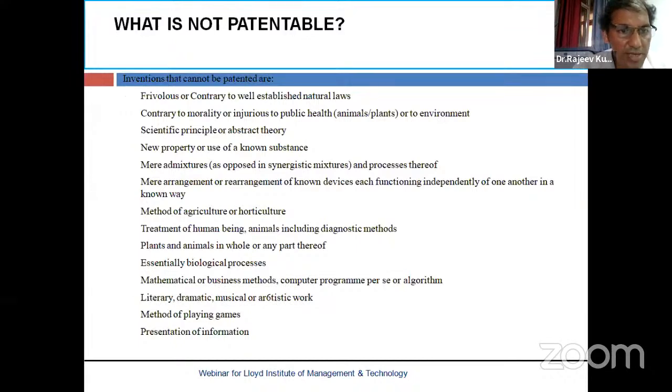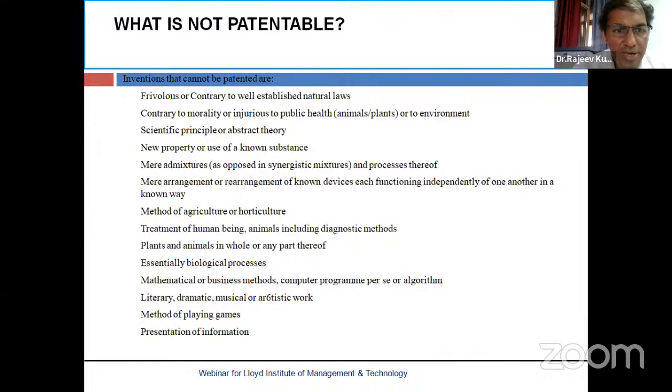You are combining an analgesic with a painkiller, or a paracetamol which is antipyretic. So you are not making an invention just by combining different molecules into one tablet. So that is not patentable.